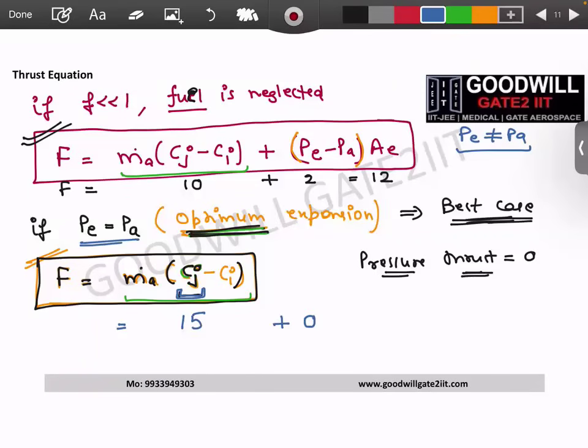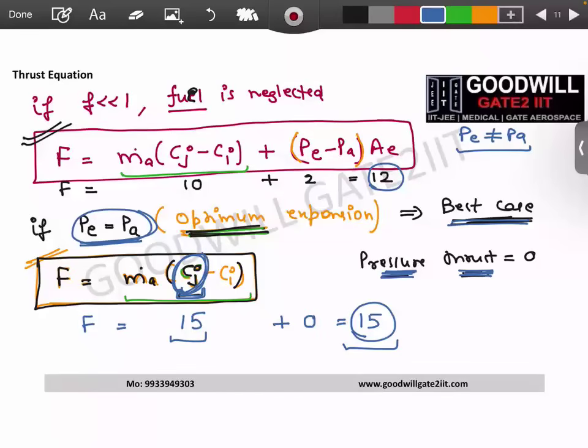Because of this physics that is happening. And now if you calculate your total thrust, you can see this thrust is more than this thrust, right? Even though a layman will think this term goes to zero, so definitely it is a bad case. But unknowingly, when this was happening, this CJ was increasing to a very high value, and hence eventually you see this becomes the best case.